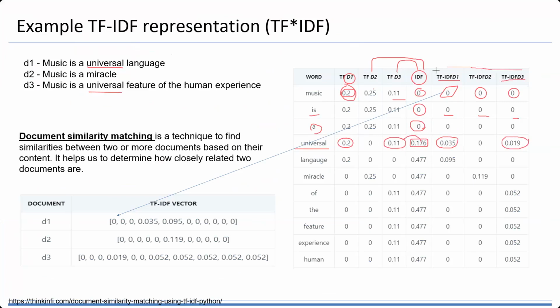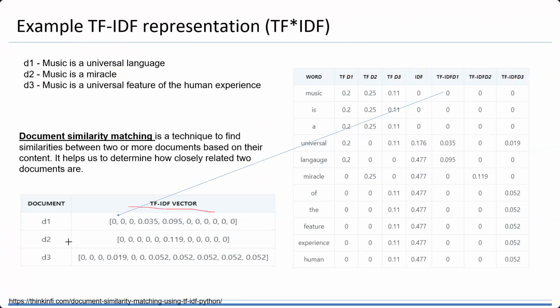And after we have this one, we will present this into a vector. So we have the vector like this. For document 1, the TF-IDF vector will be 0, 0, 0, 0.035, 0.095, 0, 0, 0, 0, 0, 0.